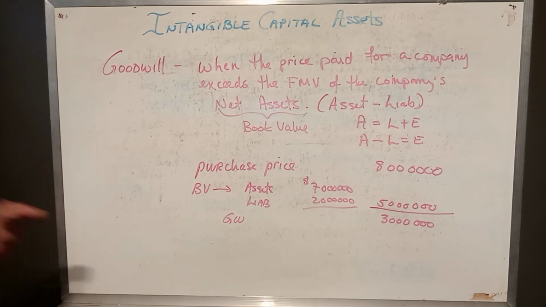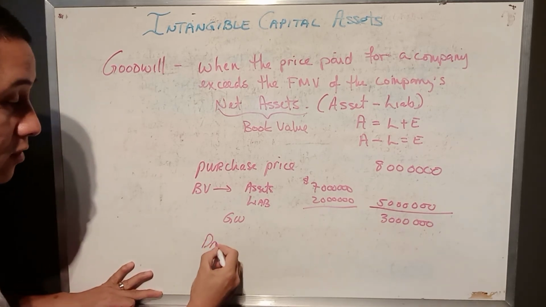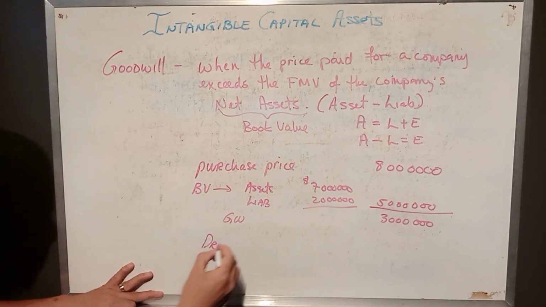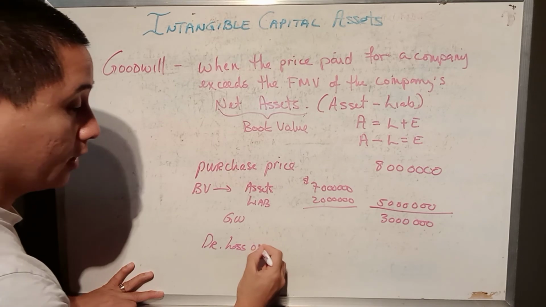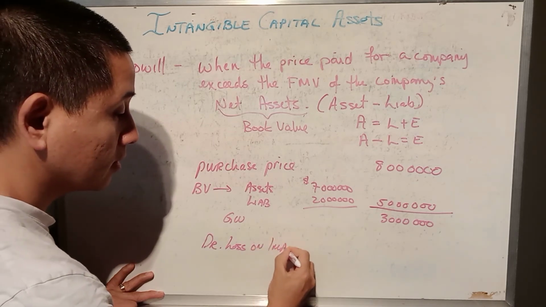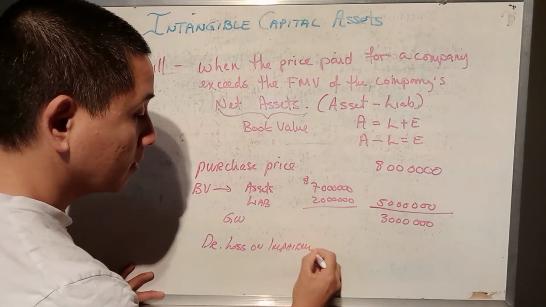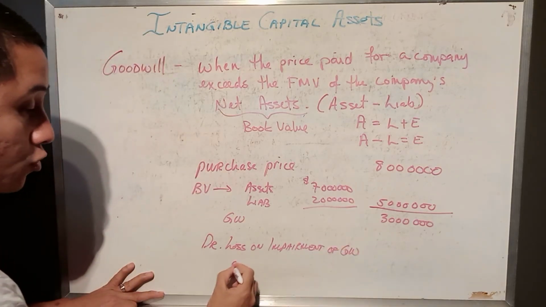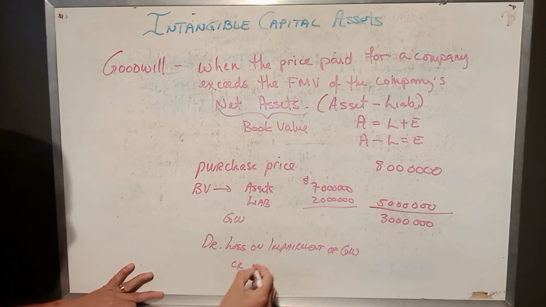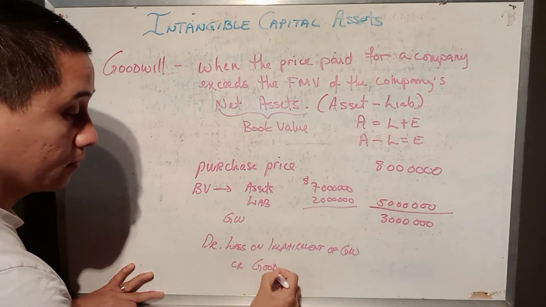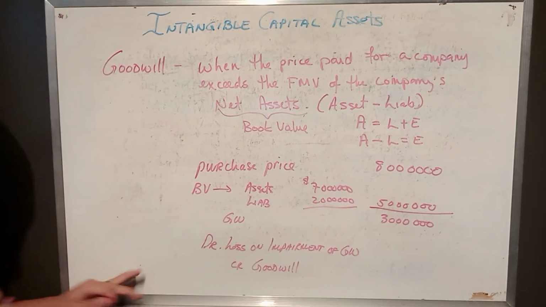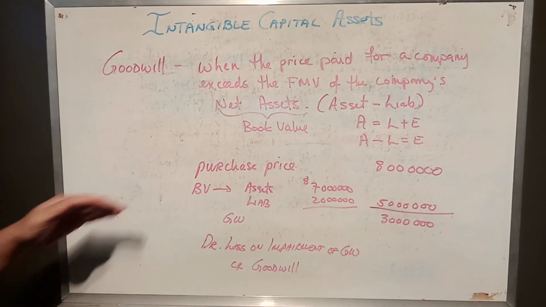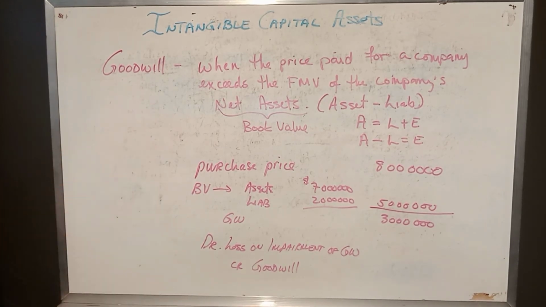So in this case, if we do have a loss, we'll debit loss on impairment of goodwill, and credit goodwill. Again, it's not amortized. There's just a test for goodwill impairment.